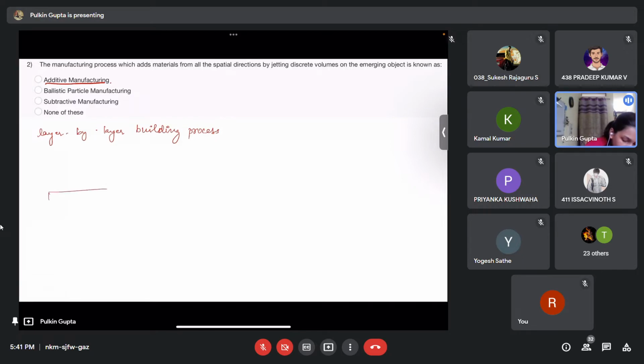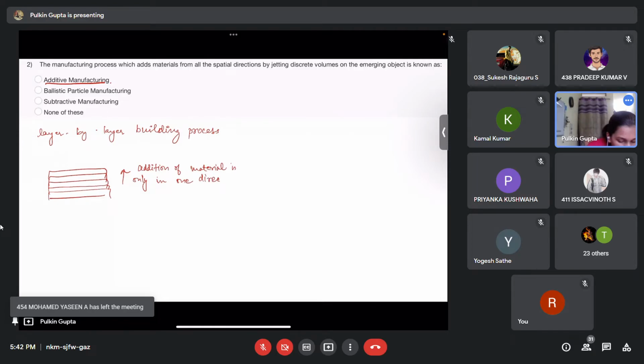When you build it in a layer wise fashion, suppose this Z direction, we see addition of material only in the Z direction.